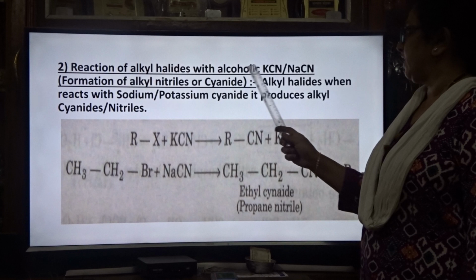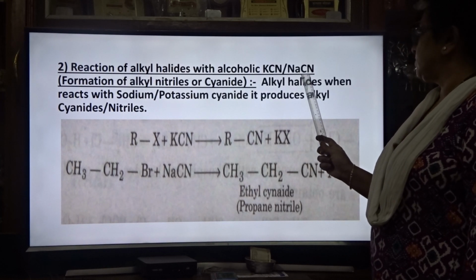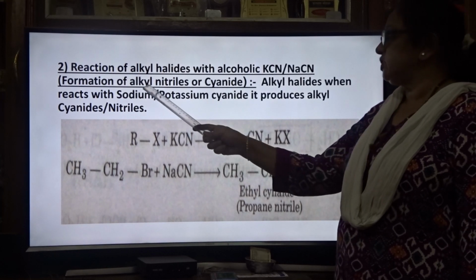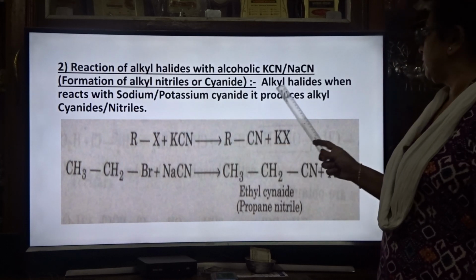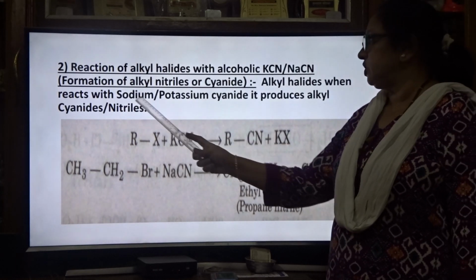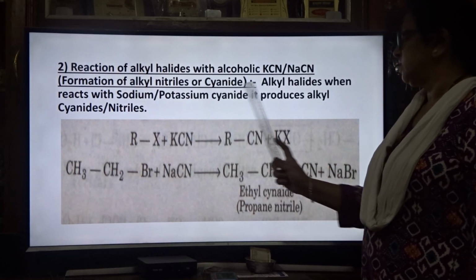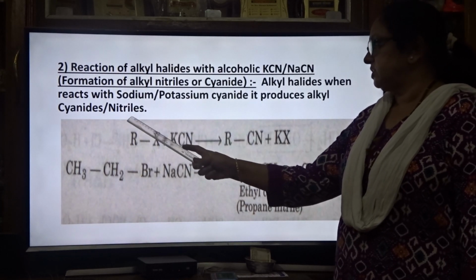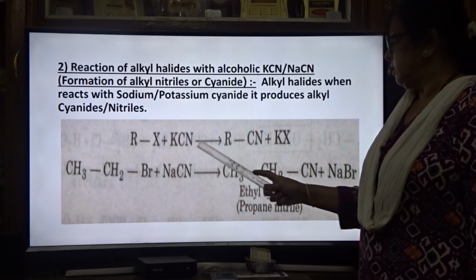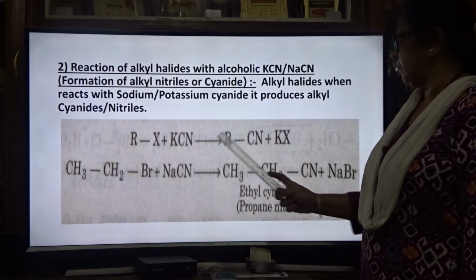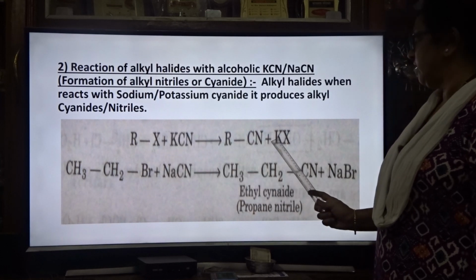The reaction of alkyl halide with alcoholic potassium cyanide or sodium cyanide forms alkyl nitriles, also known as cyanides. Alkyl halide in the presence of KCN gives RCN, and K and X combine to give KX.